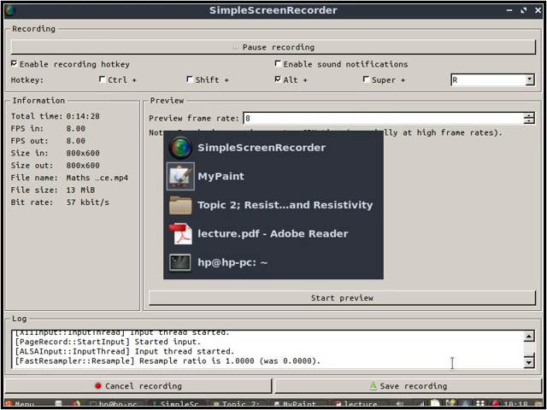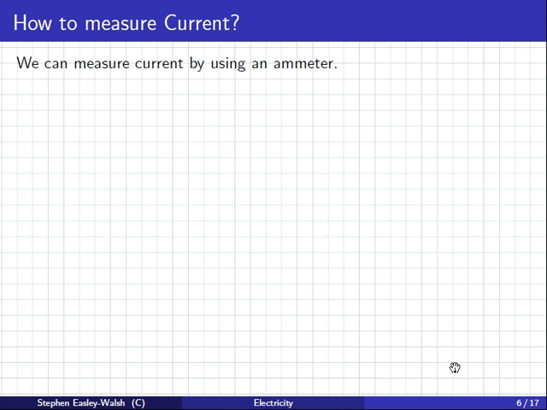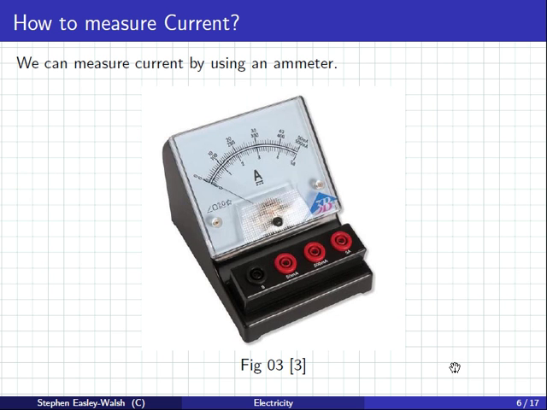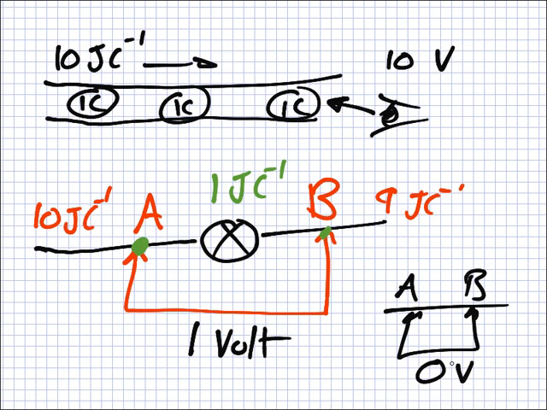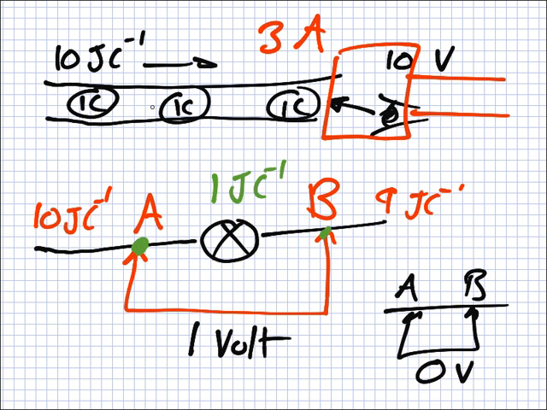The next thing, which is a little bit better, is we measure current with an ammeter, and that's much nicer because it can tell you how much current you have going in. If you put your ammeter here, then it will tell you, oh, there are 3 amps here, 3 coulombs per second going through.